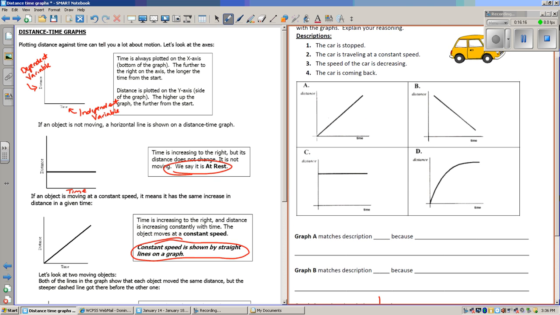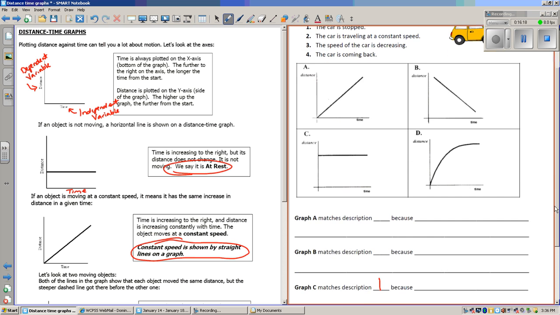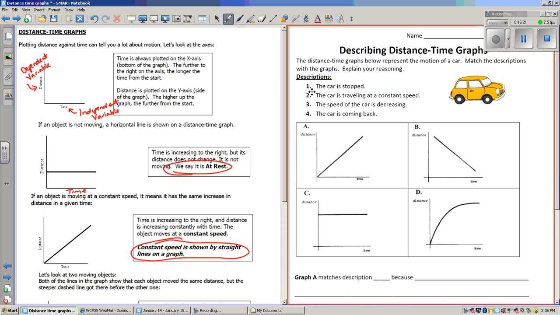All right, let's look at the second scenario. The car is traveling at a constant speed. Whenever something is constant, we're looking at a straight line. Very good. So we're looking at A or B. Which one is showing that the car is traveling at a constant speed? Okay, both are showing that it's traveling at a constant speed, but only A is showing that we're simply traveling.